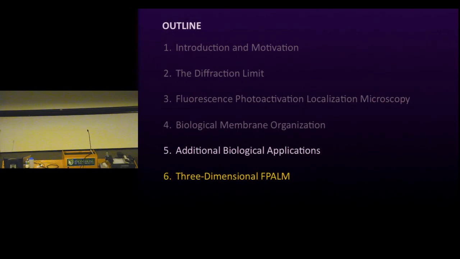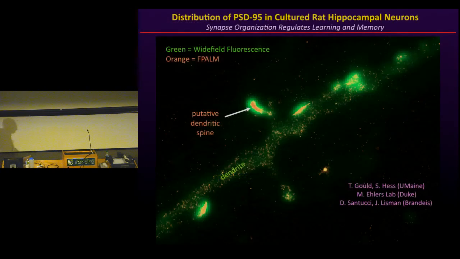And just to show you that it's not limited to membrane type structures, we're also in collaboration with a group at Brandeis, John Lisman's lab, and his postdoc David Santucci brought samples up to our lab of hippocampal neuronal cultures, and we were able to image the dendrites and the spines of each individual neuron.